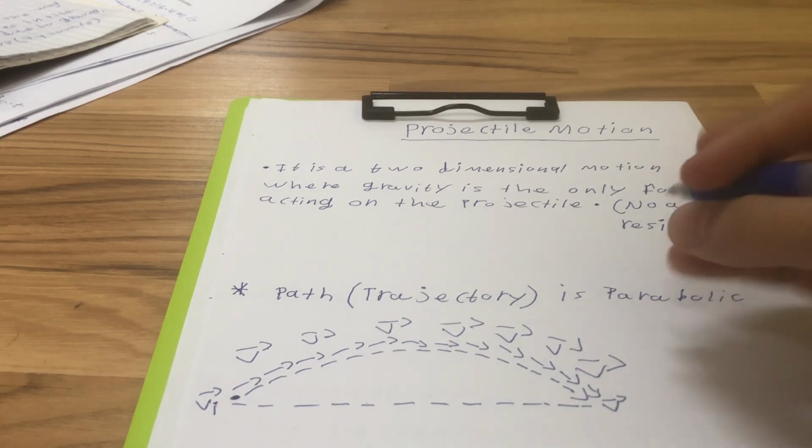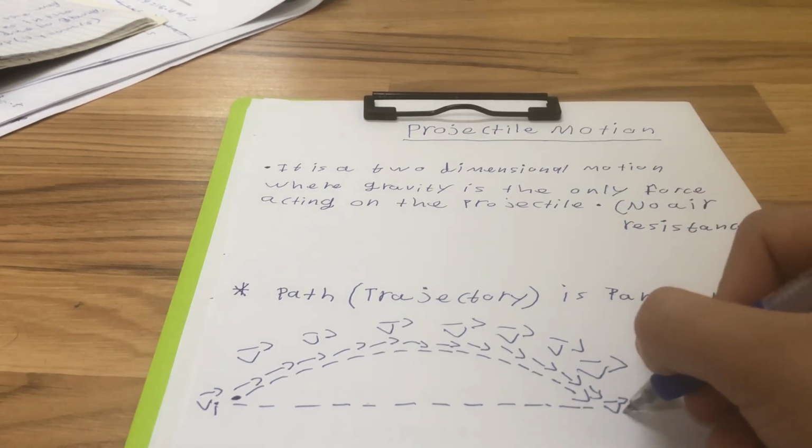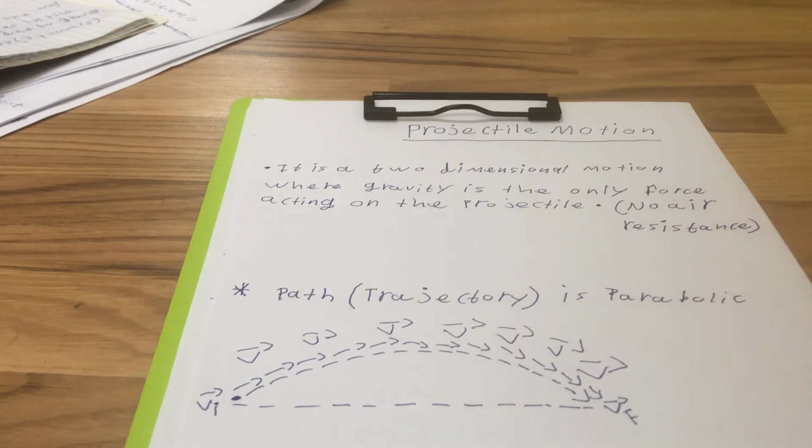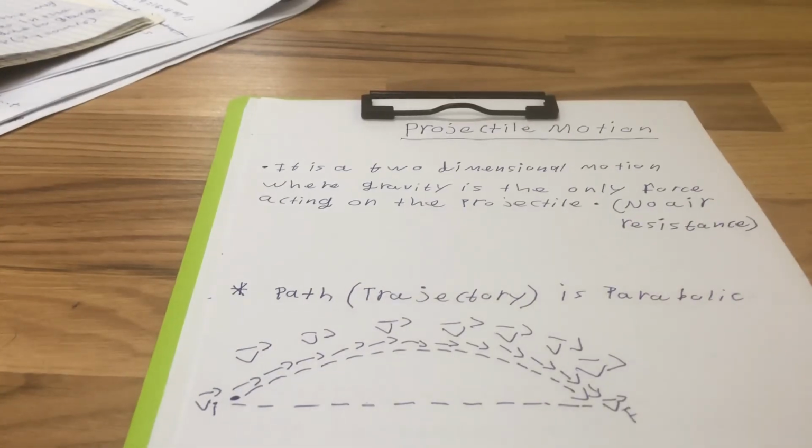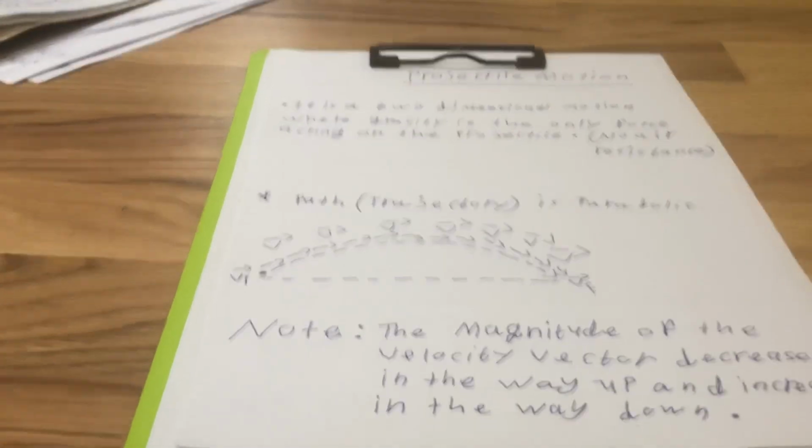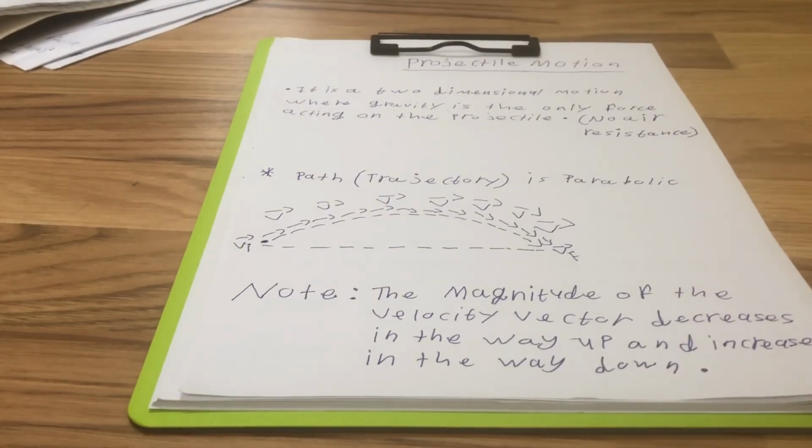Or you can write VF to be clear that it is a V final. Anyway, note that the magnitude of the velocity vector decreases on the way up and increases on the way down.